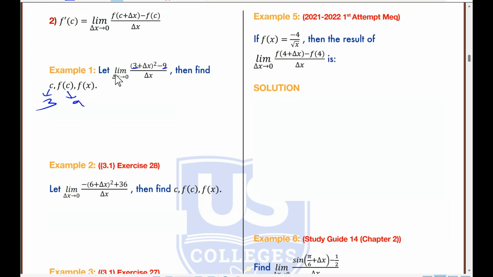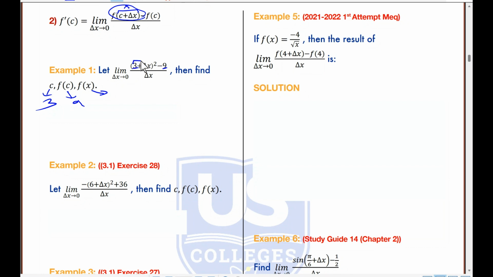And what is f of x? F of x is the one that's written in the first place at the top, the first one. F of c plus delta x will give you f of x when you consider c plus delta x as x. So your first expression at the top is 3 plus delta x squared.